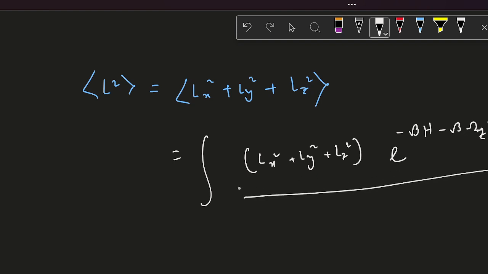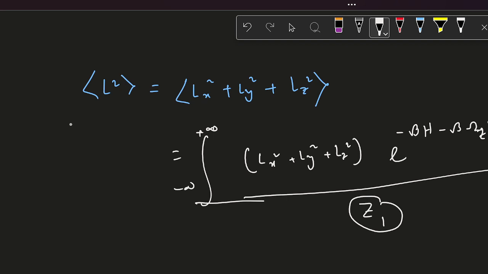Then you take an integral over all possible states of phase space, which is d cube p and d cube r, all going from minus infinity to plus infinity. Below you have the partition function of the single particle, z1. You have already calculated the denominator, z1, and you just have to calculate the integral for the numerator separately, then take a ratio and get the entire L squared average value.